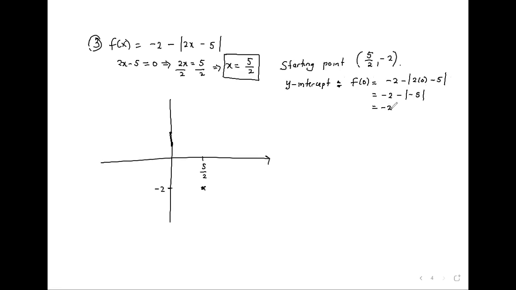This is -2 minus 5, which is -7. Okay. So before you start asking me, I want to show you that the inside is the same as 5. The negative can come out, whereas 5 is still inside the modulus.